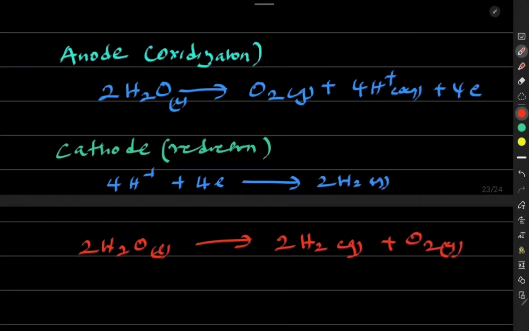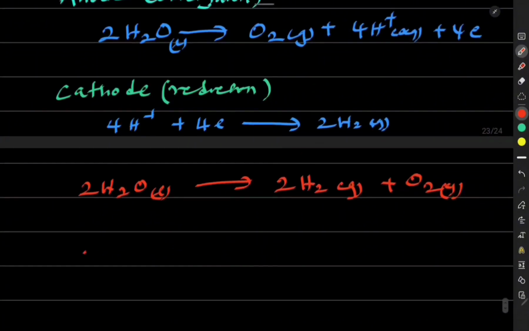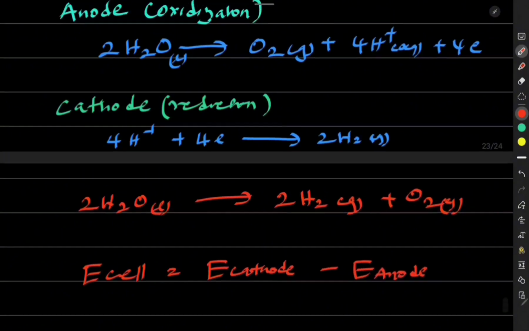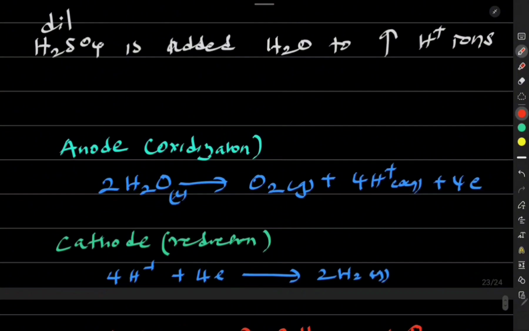We can find the minimum voltage required for electrolysis of water using the equation E cell equals E cathode minus E anode. At the anode, oxidation occurs, in which H2O breaks into O2 and 4H+.